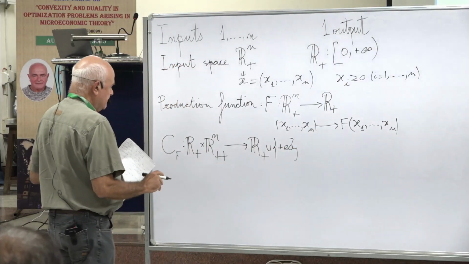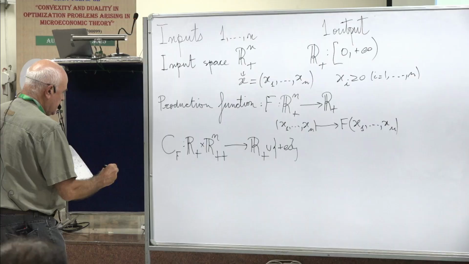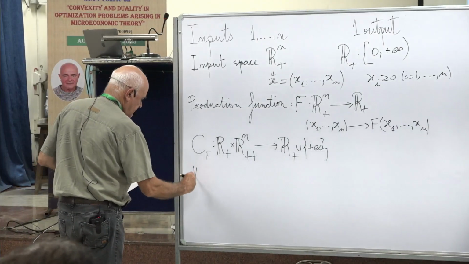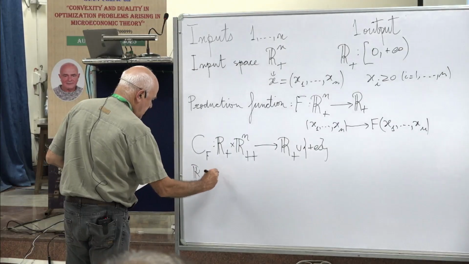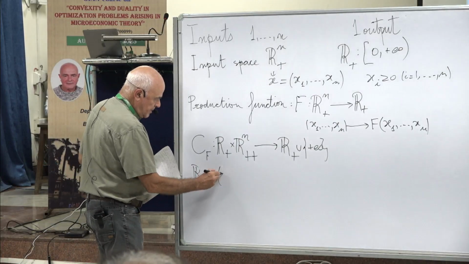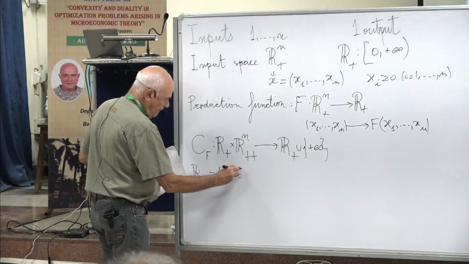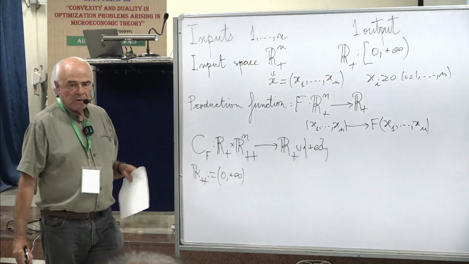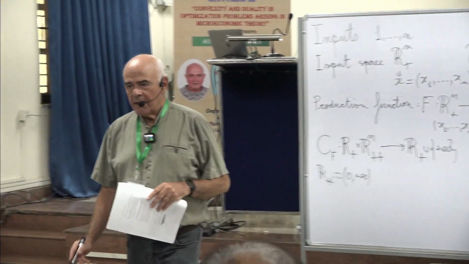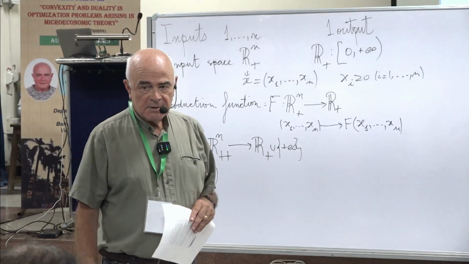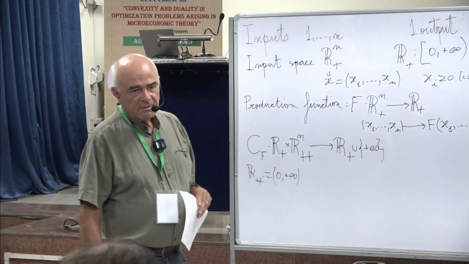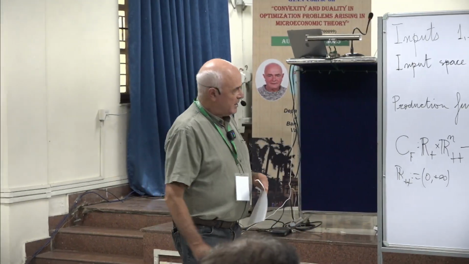Well, first, R plus is the set of strictly positive real numbers. And here we are considering strictly positive numbers because they will be prices. Nothing is for free, as you know. Okay?